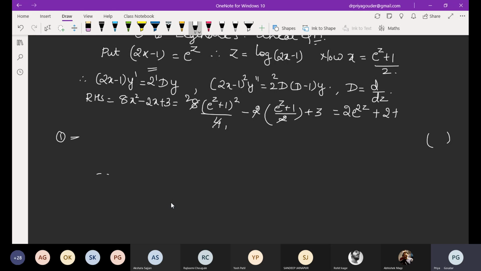What is the 2ab term for this expansion? 2 e raised to z into 2 is how much? 4 e raised to z, no? Am I right? Now this minus into these terms. Change the sign: minus e raised to z minus 1 plus 3. Correct? Simplify. This is 2 into e raised to 2z. Next, what is plus 4 and minus 1?